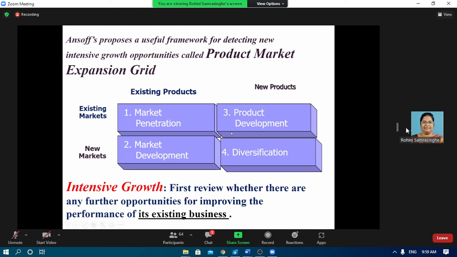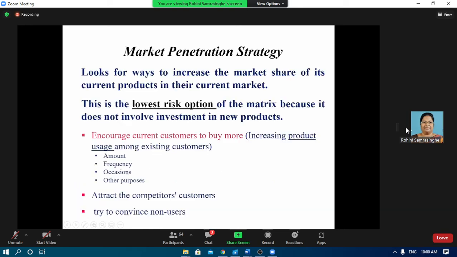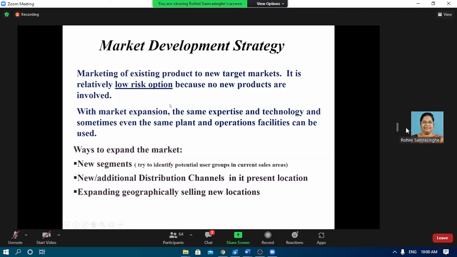But when we look at the market development strategy or the product development strategy, especially product development, it may be relatively costly or risky, right? When we look at the next one, the intensive growth strategy, market development strategy: you can find another market, but the product is still the existing one, right?